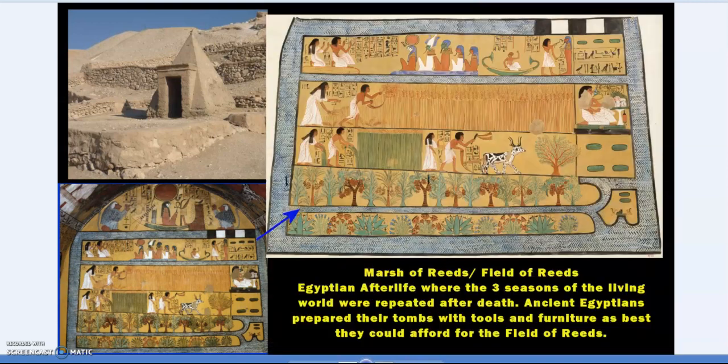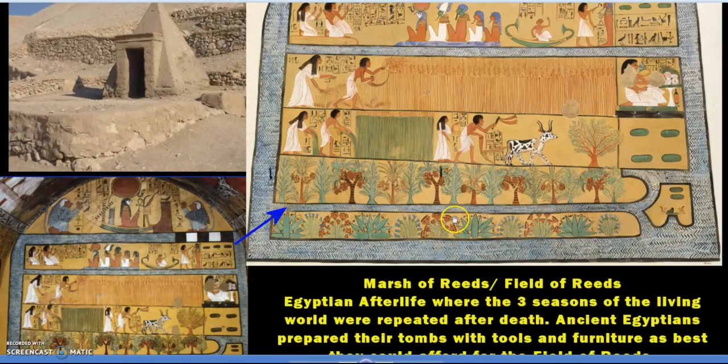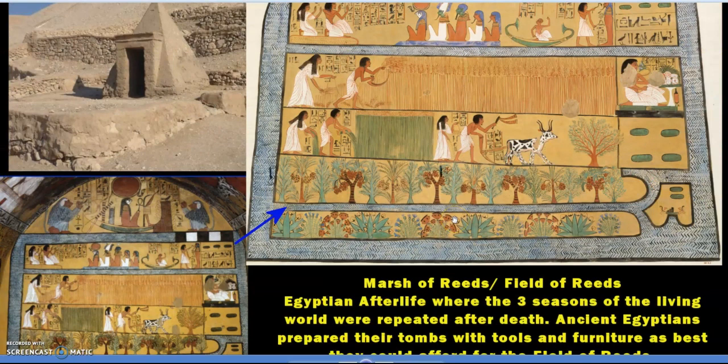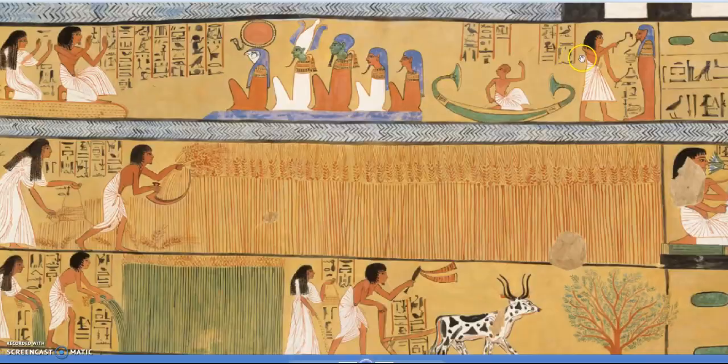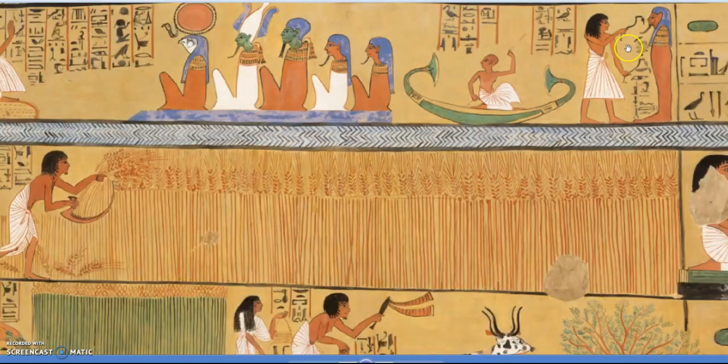Now this is one of the tombs, and of course that is the marsh of reeds, or the field of reeds, which describes the Egyptian afterlife, which is very easy to confuse with a description of Egyptian life, which is the flood, the growing season, and the harvest season. It's also worth noting this particular one because of the opening of the mouth ceremony, which mentions Meskhetiu, the North Star.